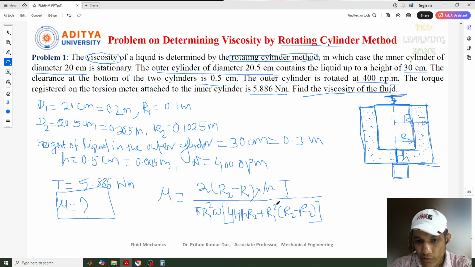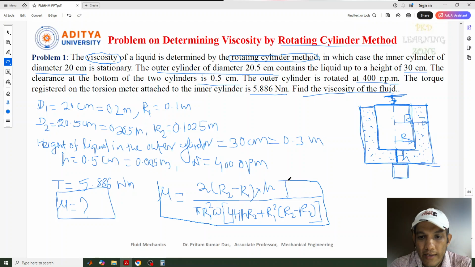So this is the formula which we derived in our last lecture.